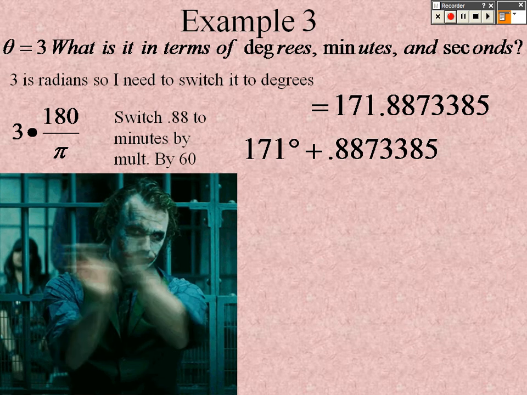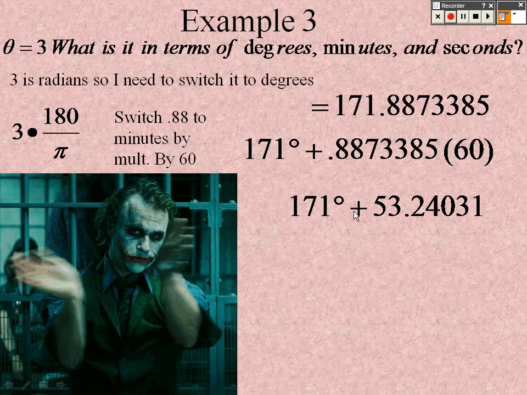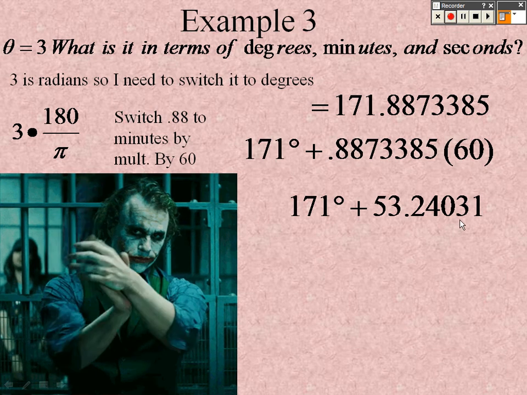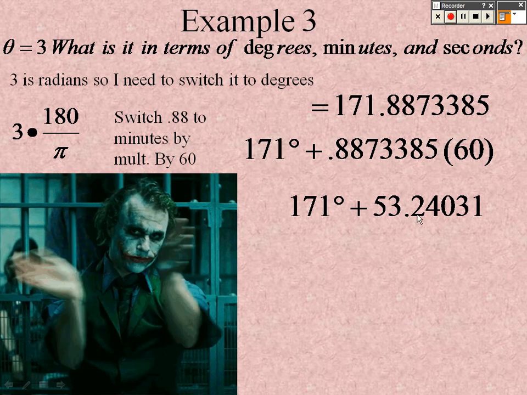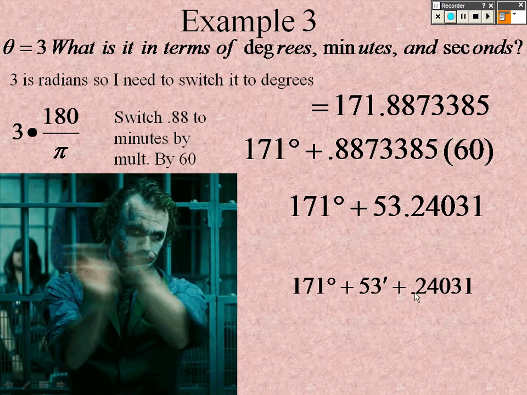There are 60 minutes. So I multiply it by 60 to get roughly 53.24031, which means how many minutes are there? 53 minutes, which leaves me with a decimal of 0.24031.